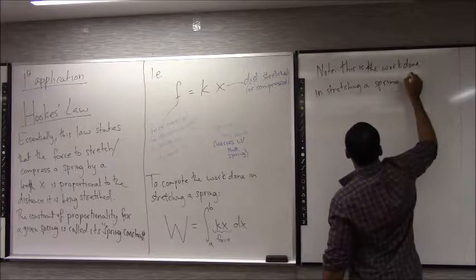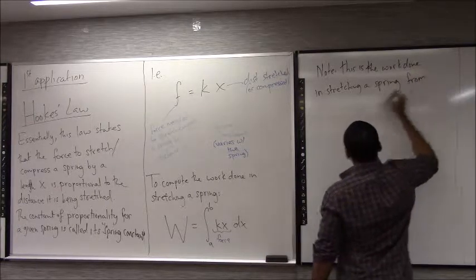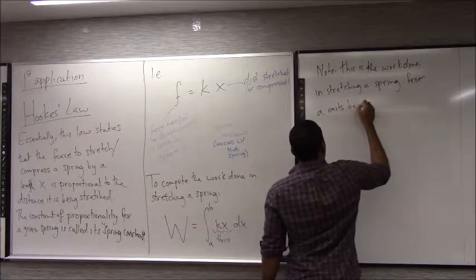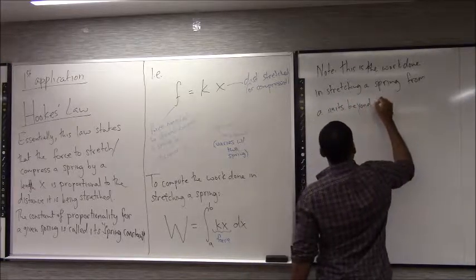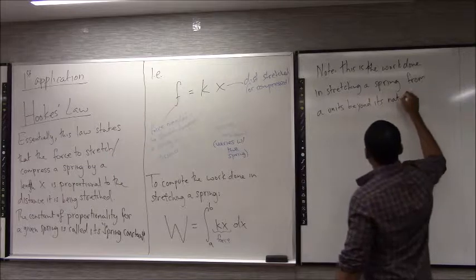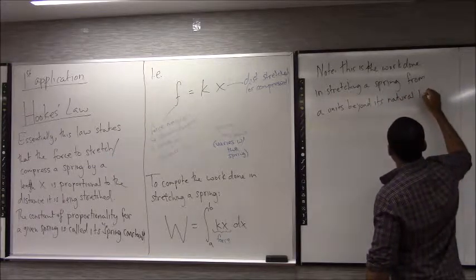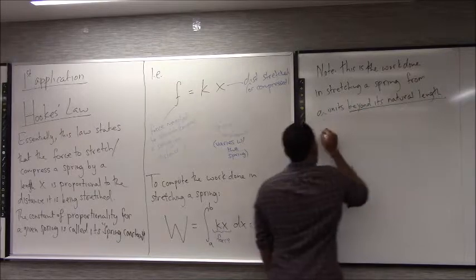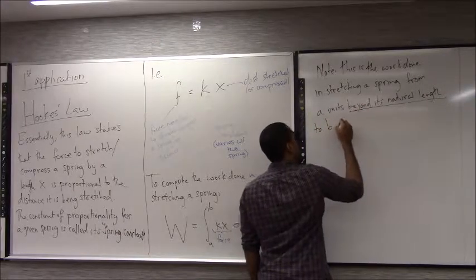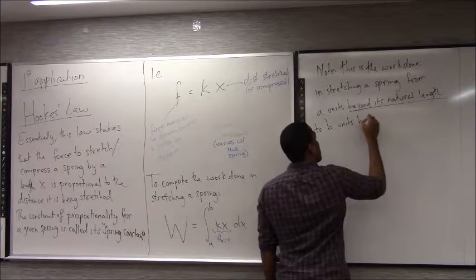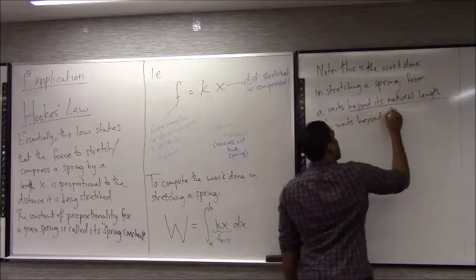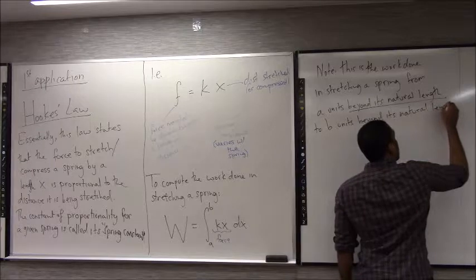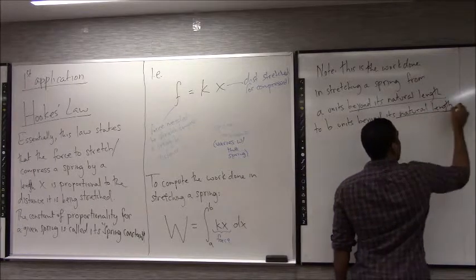Stretching a spring from a units beyond its natural length, and that phrase, beyond its natural length, is important, to b units beyond its natural length. So if the spring is just there by itself, you don't have to exert any work.